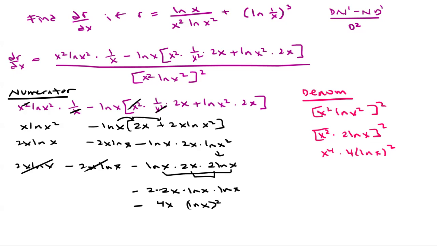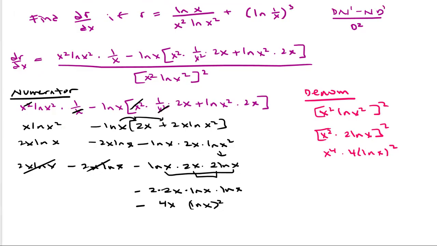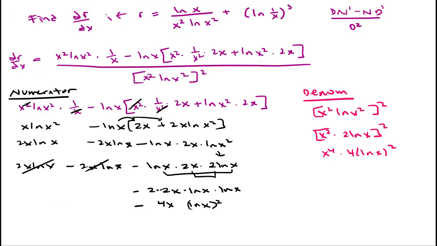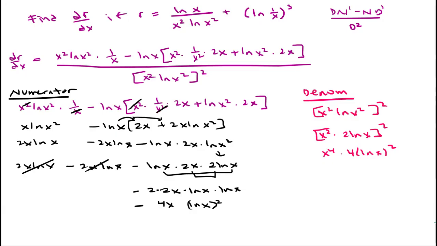So for the numerator, we got negative 4x ln of x squared. That's what we got there.